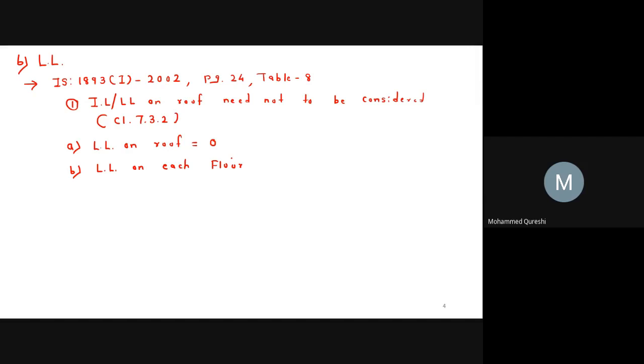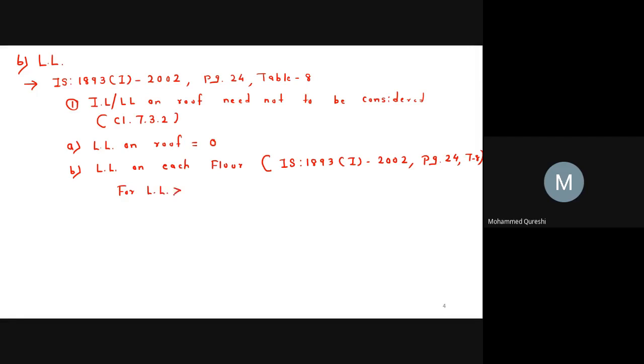So for calculating the live load on a particular floor, we will go for IS 1893 Part 1, 2002, page number 24, table 8.